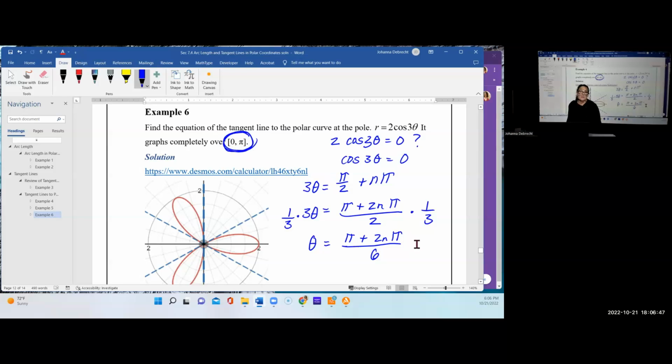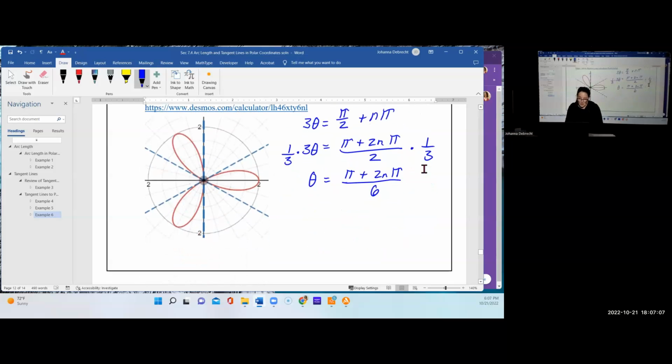Now, what could n be? Any integer value, any integer. So from negative infinity to positive infinity, but only the integers. So like -3, -2, -1, 0, 1, 2, 3, etc. Probably we won't need more than -3 to 3. So let's try it and see what happens.